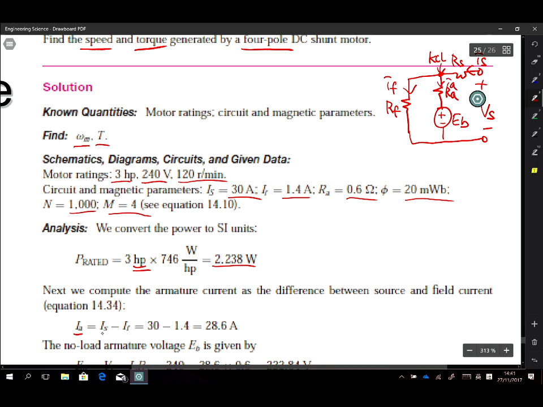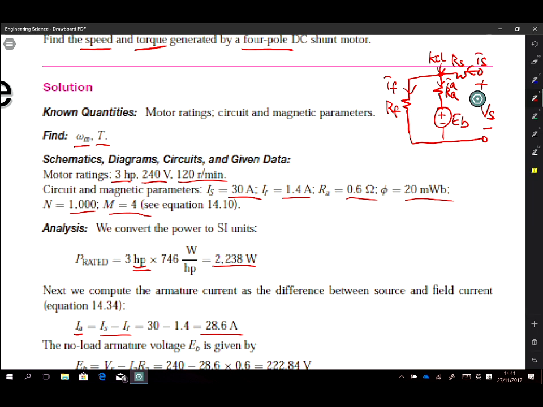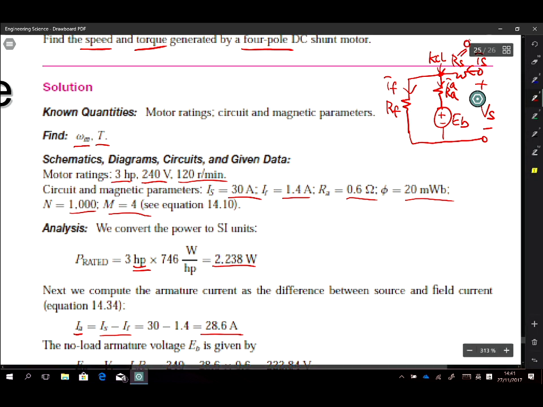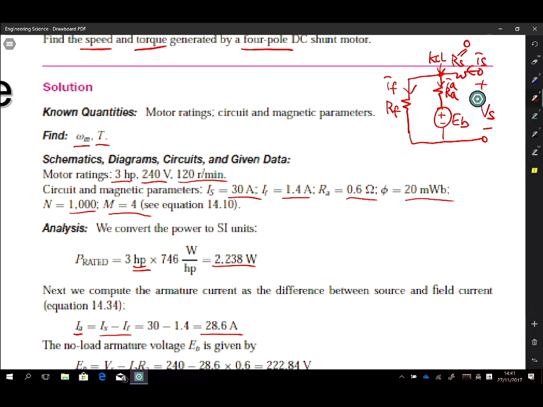Now, if we apply KCL at this loop, we get IA, the armature current, equal to IS minus IF. So it gives you 28.6 ampere. In this example, we assume our RS equal to 0, so it does not have any potential drop. But in some examples we have RS, and in our tutorial worksheet, we will show you an example that has RS.